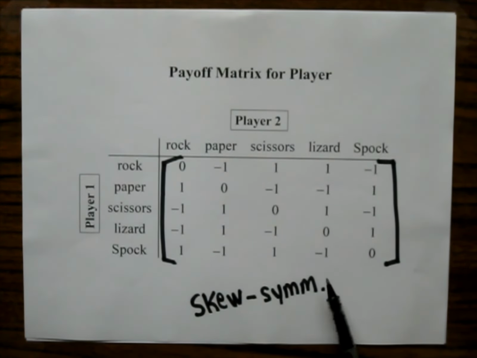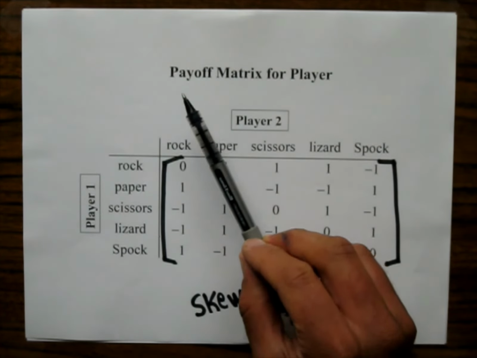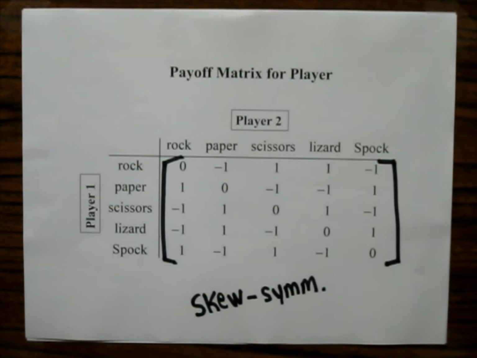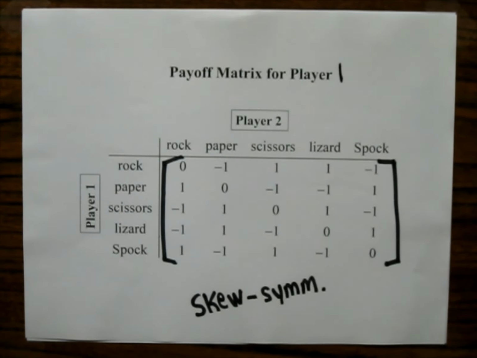There are games that you can design that are not fair games. This rock, paper, scissors, lizard, Spock is a fair game, and perhaps if you have a skew-symmetric matrix, then for the payoff matrix for player 1, the game is fair.